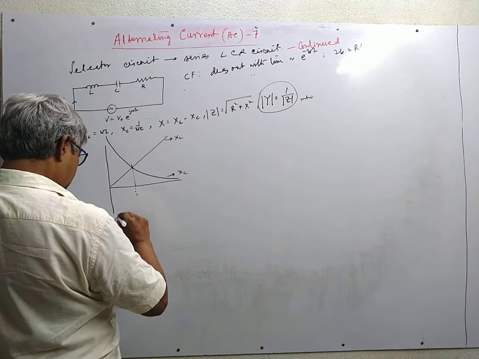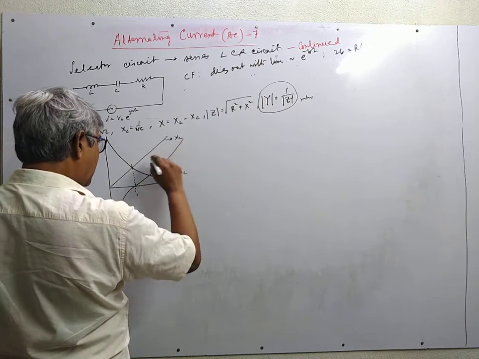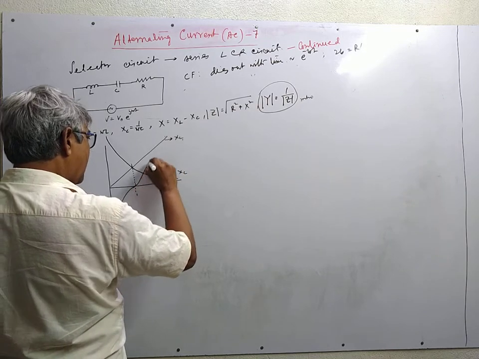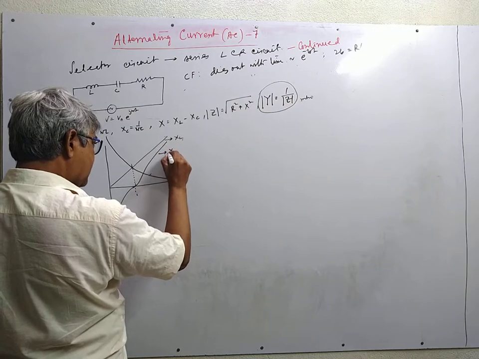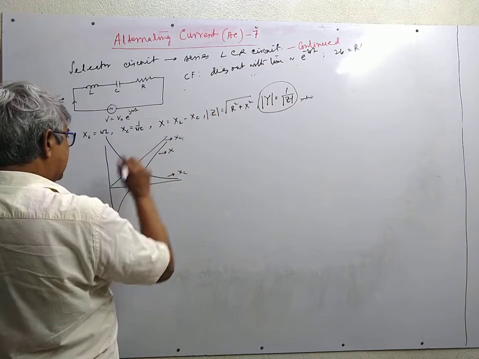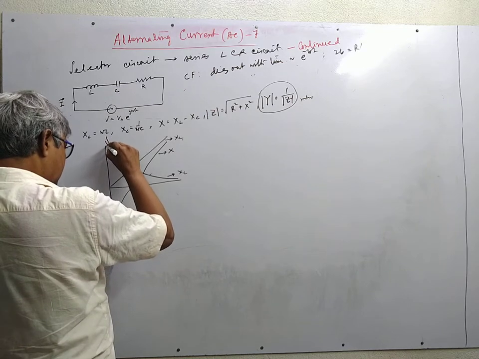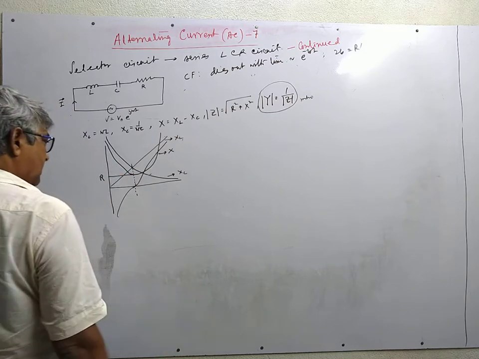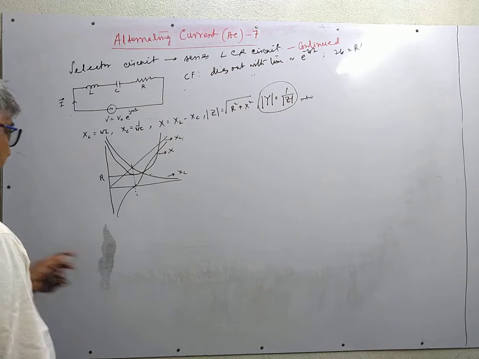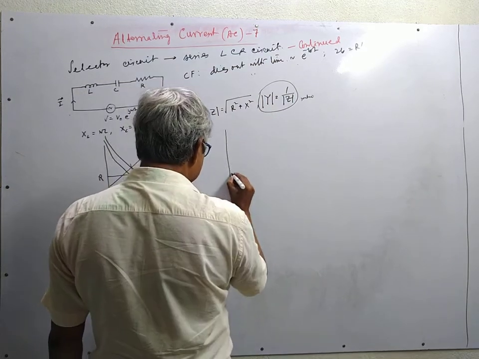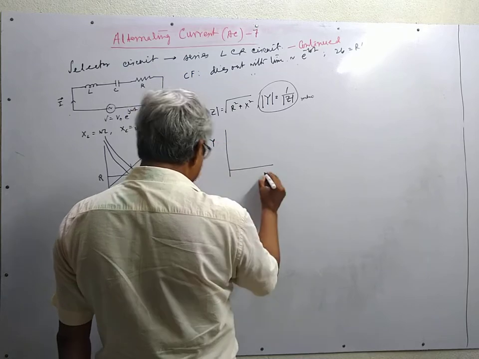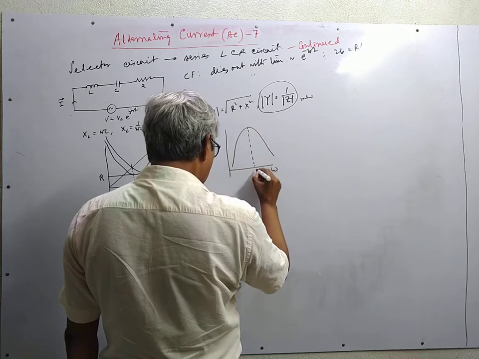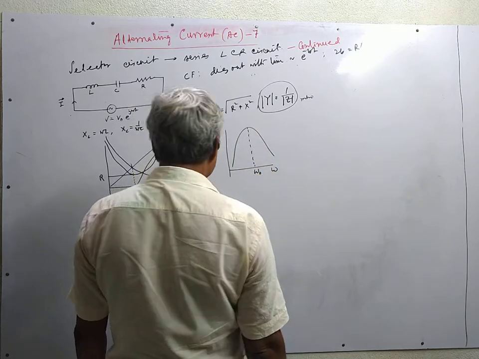Then X approaches this, this is X, and this is Z. And if we plot Y as a function of frequency, we see that it has a maximum at omega 0.